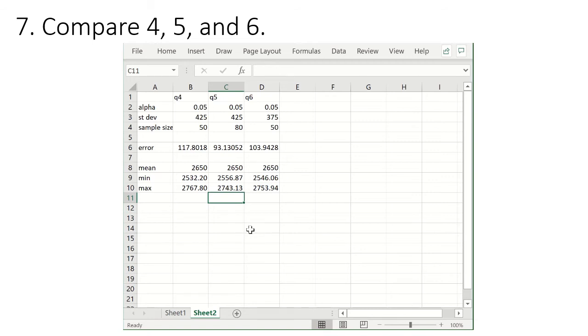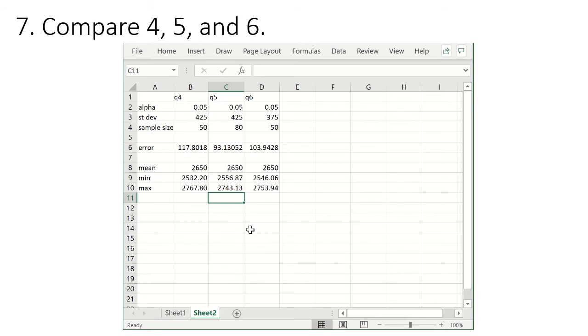So now that they're all in one window, it's going to be easier to compare them. The difference between question 4 and 5 was the sample size. It got bigger. And when the sample size got bigger, the margin of error got smaller, right? Because we were dividing by a bigger number.